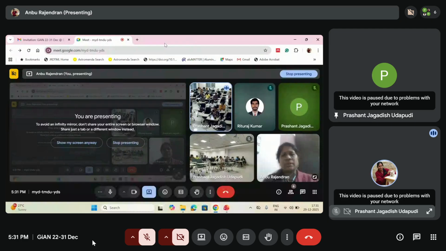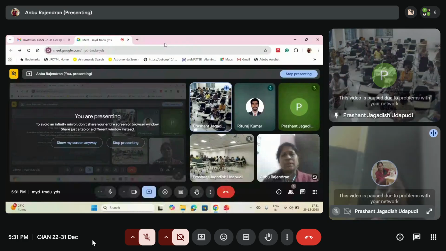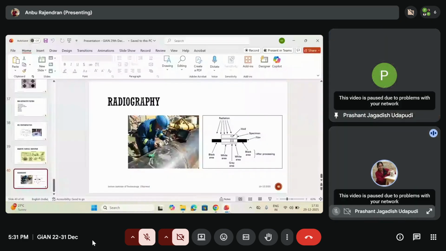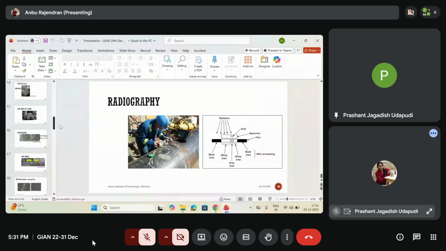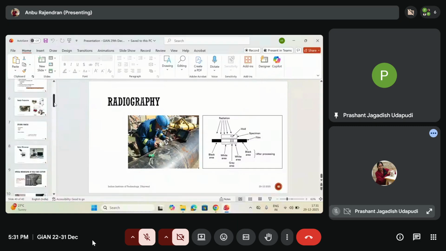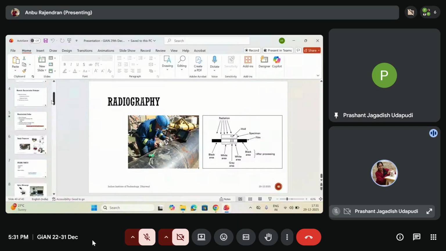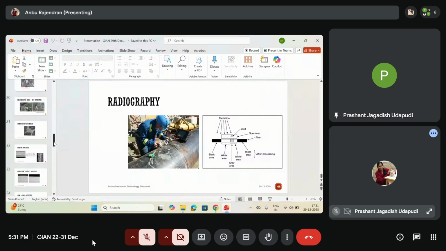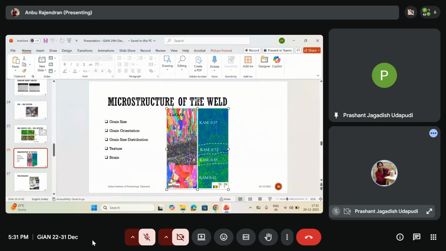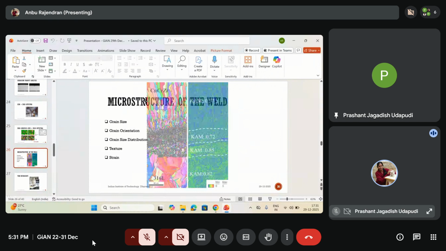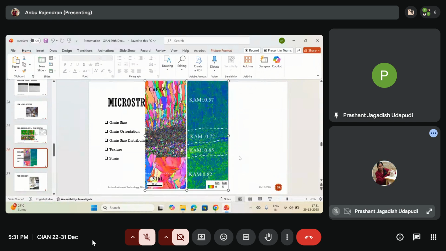Stress, actually you won't get the magnitude, but you can see the stress distribution from the image. You won't get the quantified value. So this is one of the images.